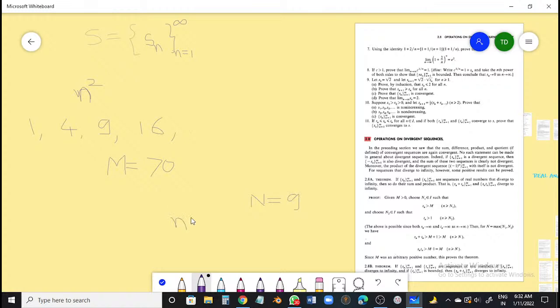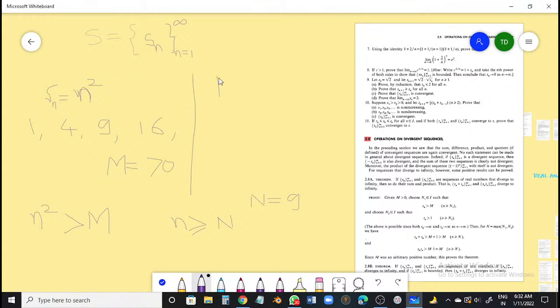All terms after this n, meaning 9 or equal to n, this n square is surely greater than this particular capital M. What is this n square? n square means Sn, the term of the sequence. Sn is going larger than this particular M. What M have you taken here? 70.